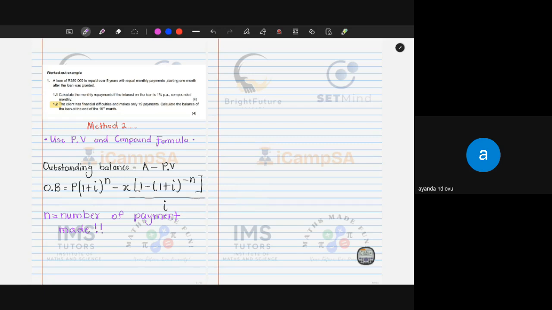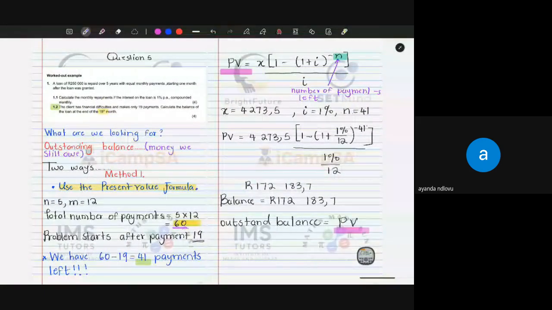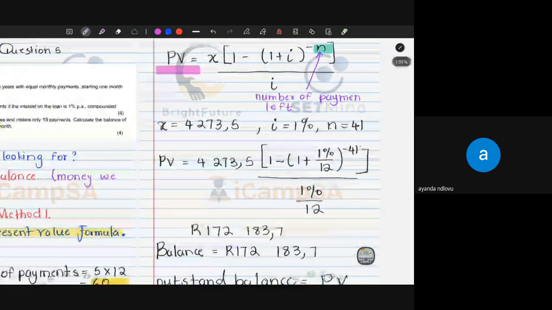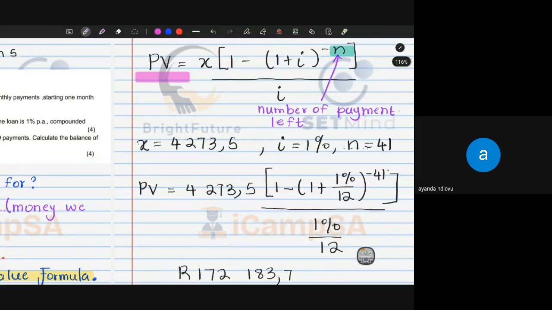This, guys, here is very important. While on the other side, our n was the number of payments left. I hope you can see that. This note here, it was the number of payments left.